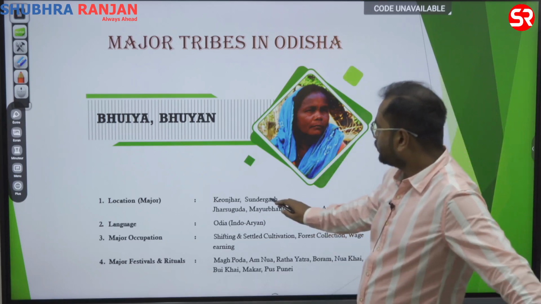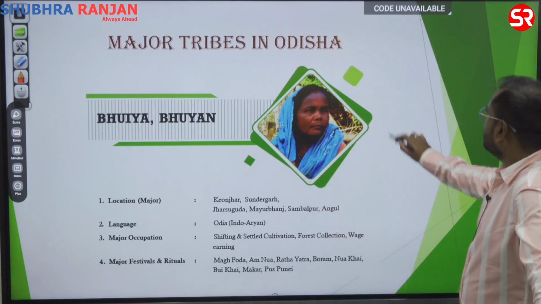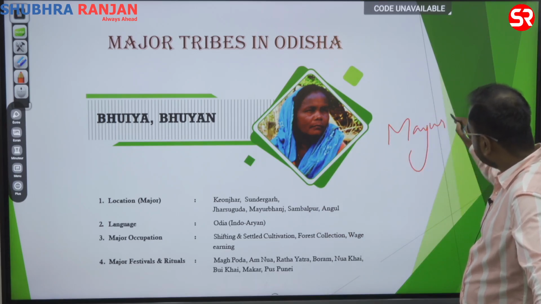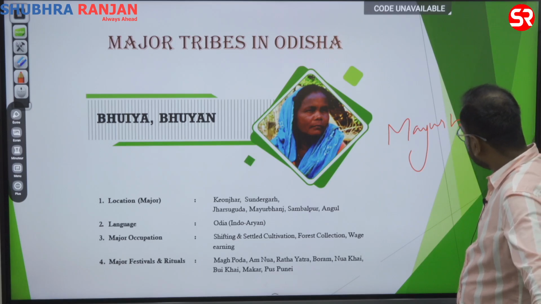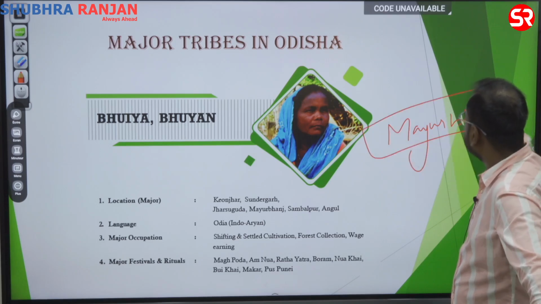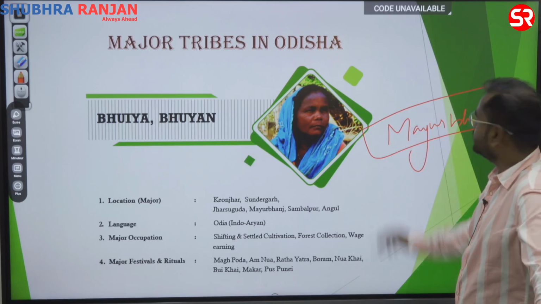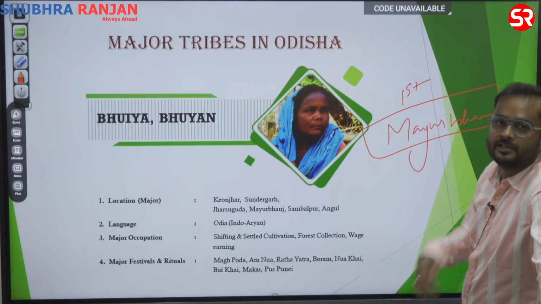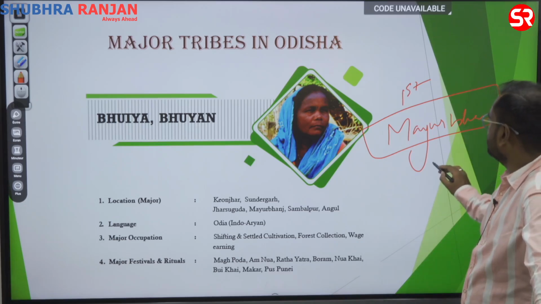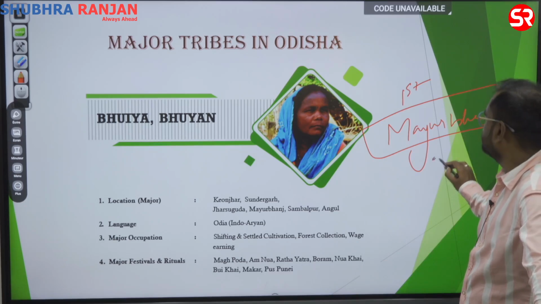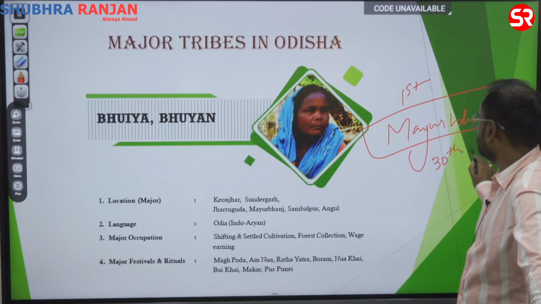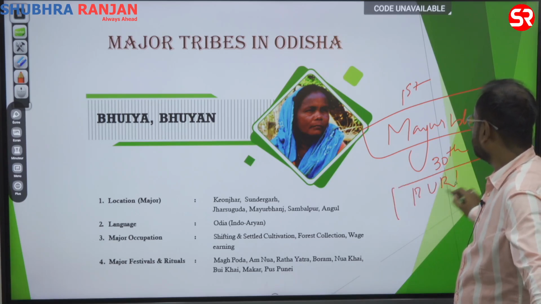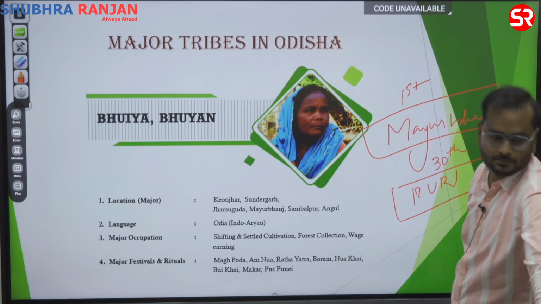Its major location, I'll again tell you one fact: if you are asked which district has the most number of tribal population in our state, it is the Mayurbhanj district. Please remember that first. And which district has the least number of tribal population? That means what should be the rank? It should be 30th, isn't it? It is Puri. Puri has the least number of tribals.